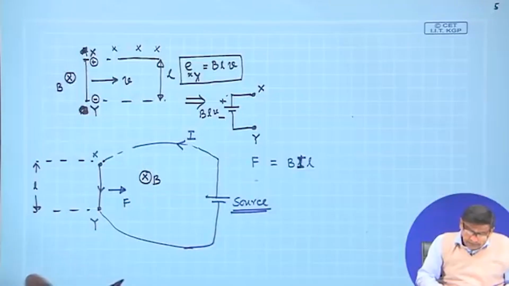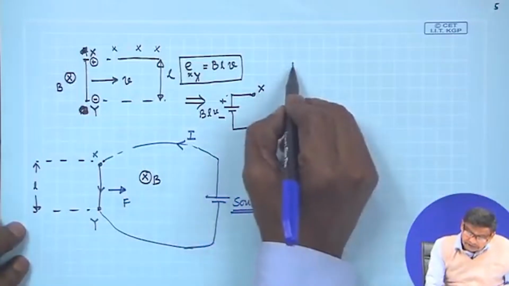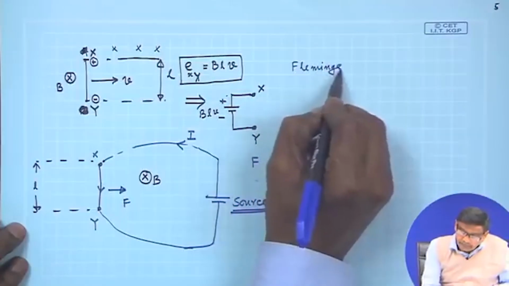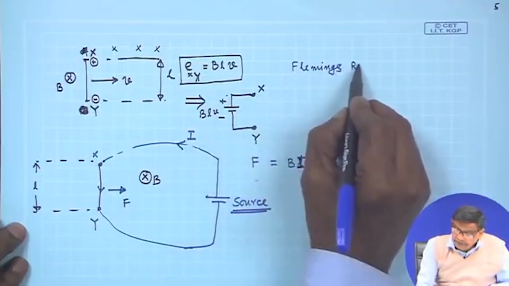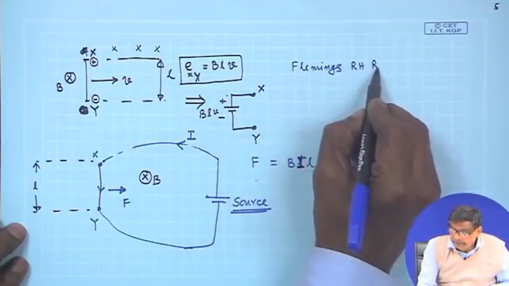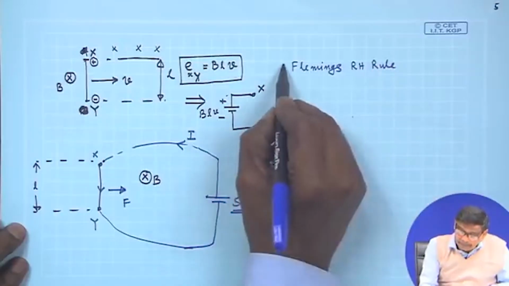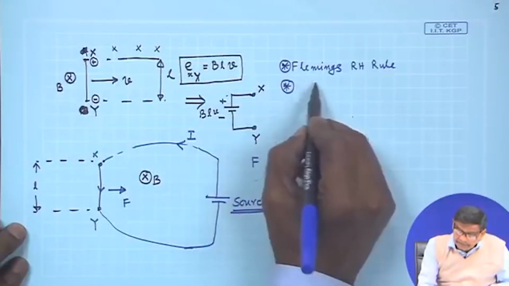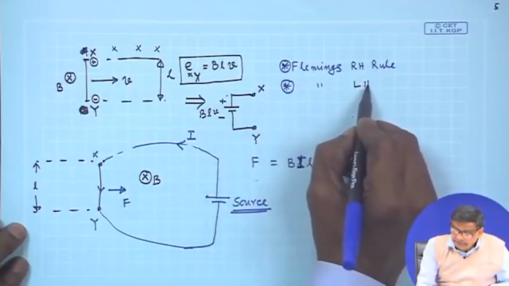Understood? Therefore, these two rules, that is Fleming's right hand rule and Fleming's left hand rule.